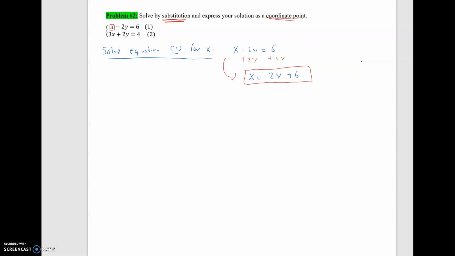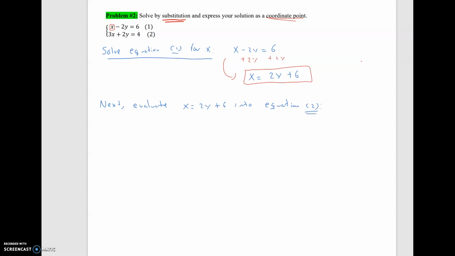So let me write it out. So next, evaluate x is equal to 2y plus 6 into equation number 2.